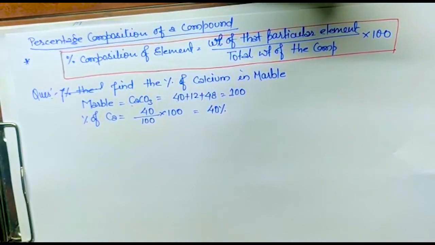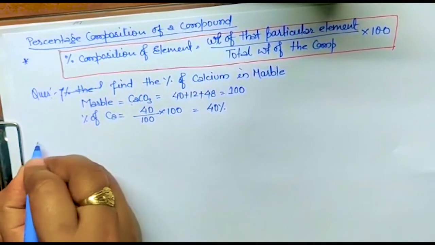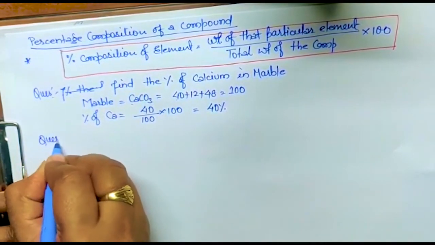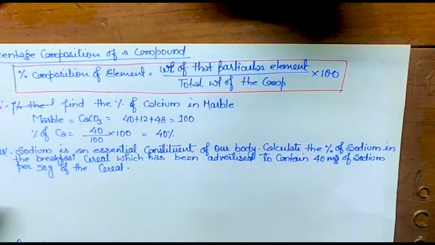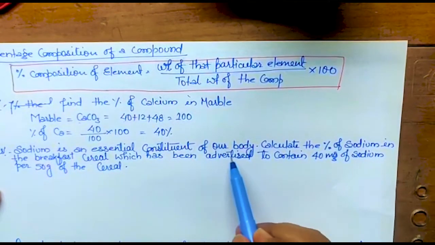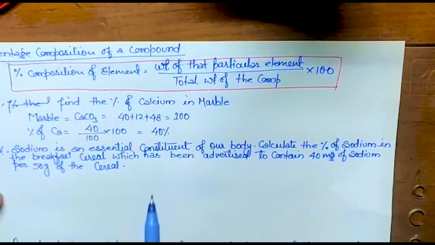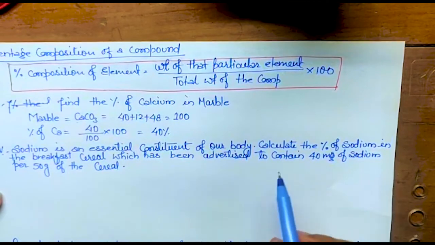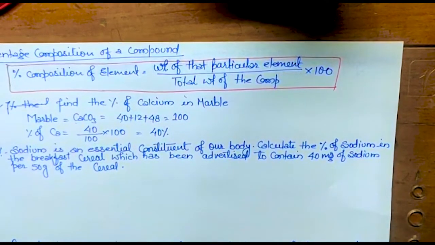This is a simple question. Now some question based on this topic, but one step ahead. Let me write the question. Sodium is an essential constituent of our body. Calculate the percentage of sodium in the breakfast cereal, which has been advertised to contain 40 milligram of sodium per 50 gram of the cereal.